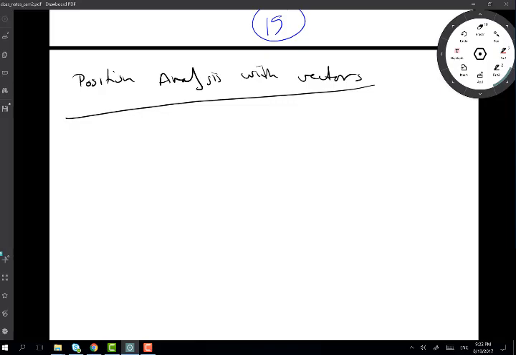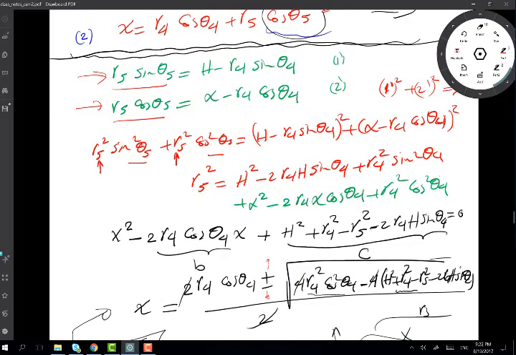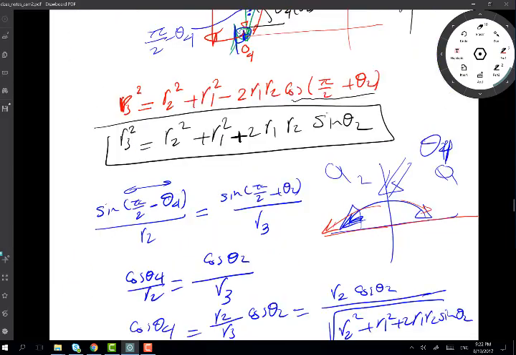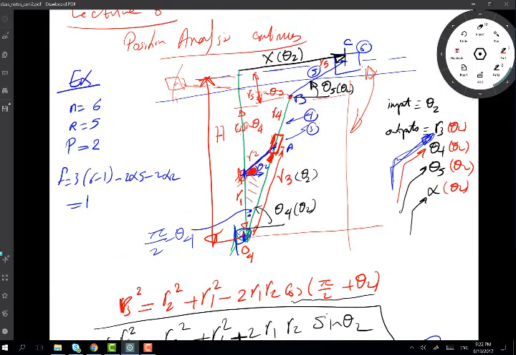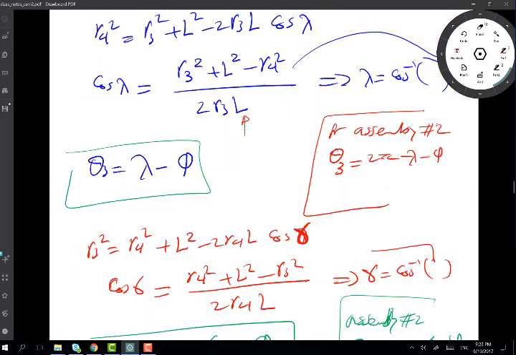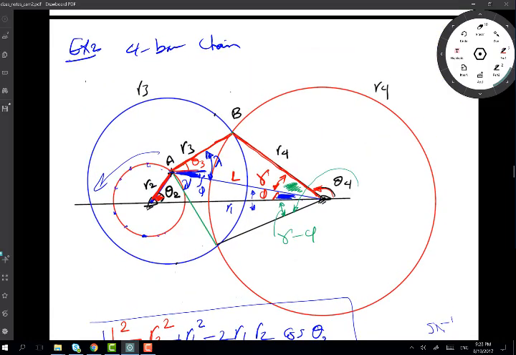Remember the unknowns here in this specific problem: I had four unknowns, the position of every link is an unknown, even including the sliding link. Previously, in the four-bar chain, I had really two major unknowns, theta 3 and theta 4, the position of the links.